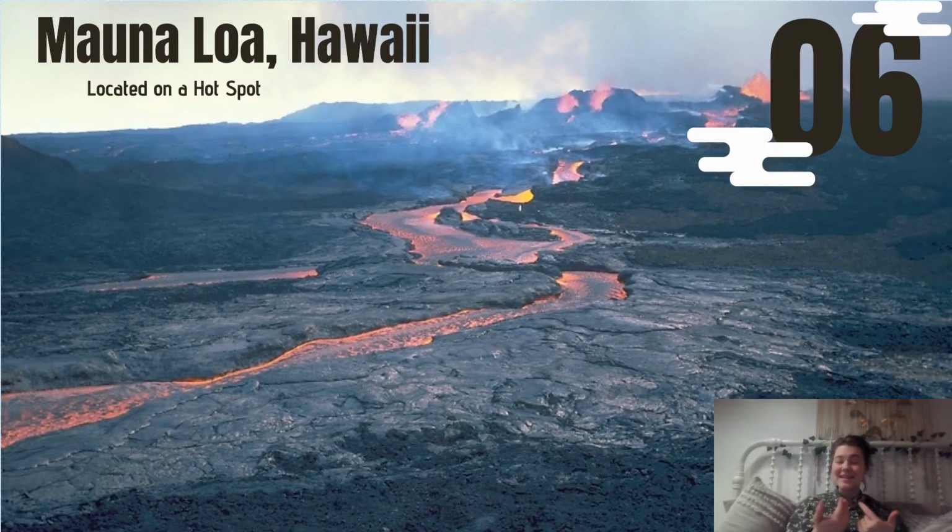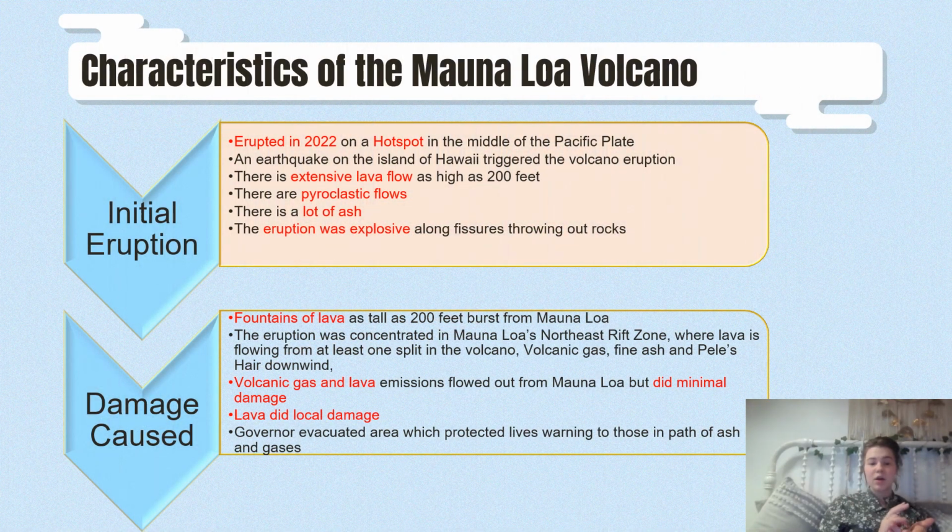So our sixth and final location, we have Mauna Loa. This is located in Hawaii, and the type of boundary is a hotspot. Mauna Loa erupted in 2022. There was extensive lava flow as well as pyroclastic flows.